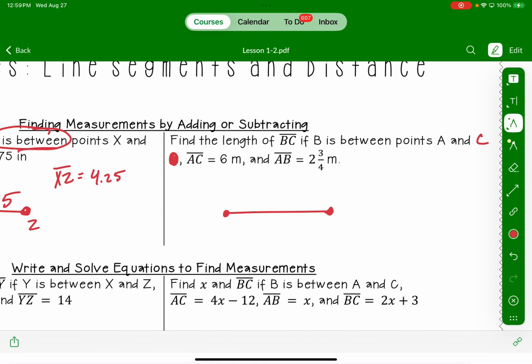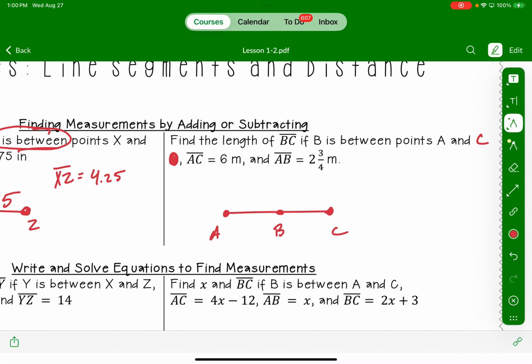What letters are on either side? A and C. And we know that B is somewhere in the middle. That's, again, alphabetical, which is not always the case, but it's important we know B is in the middle.